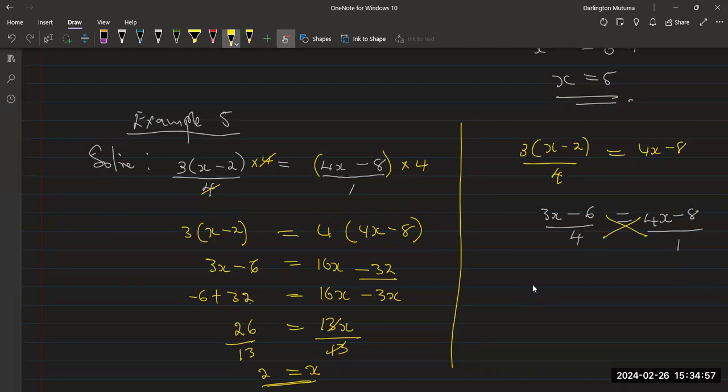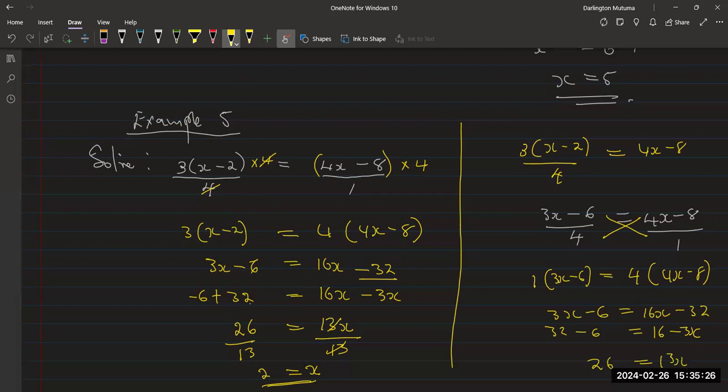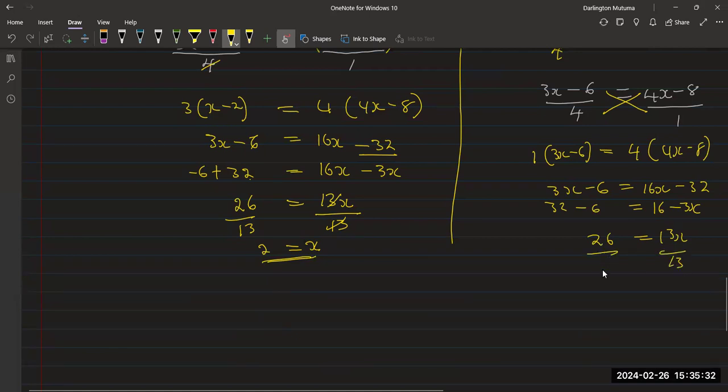If you do cross multiplication, it means 1 times 3x minus 6 is equal to 4 times 4x minus 8. That will be 3x minus 6 is equivalent to 16x minus 32. That will be 32 minus 6 is equal to 16x minus 3x. That's 26 is equal to 13x. Then you divide both sides by 13. 2 is equal to x, which is the same as x is equal to 2.